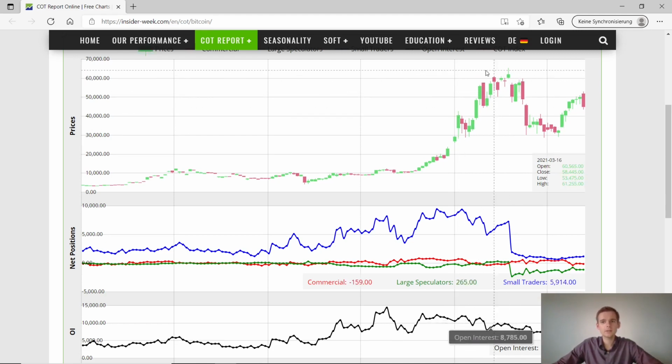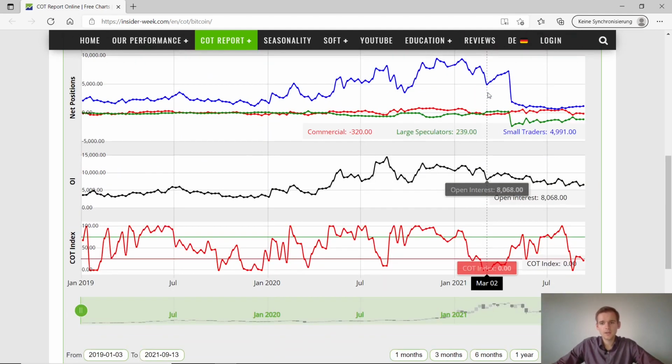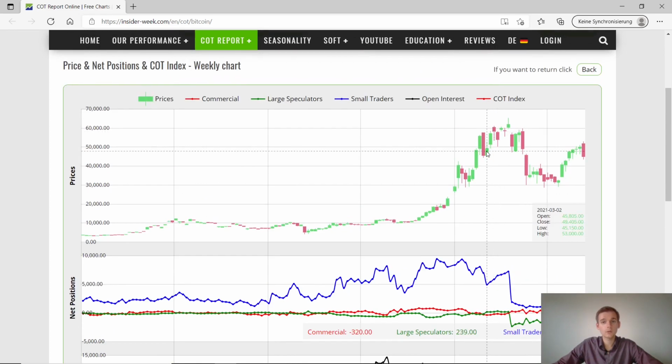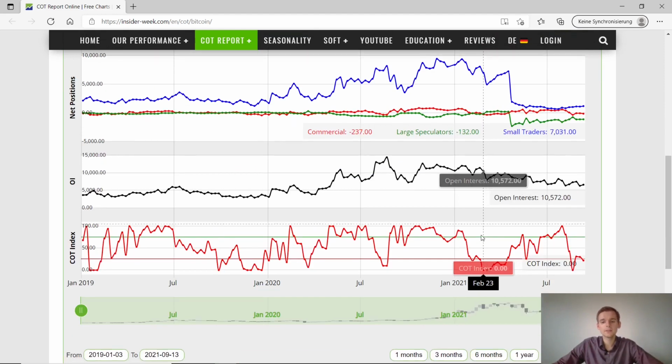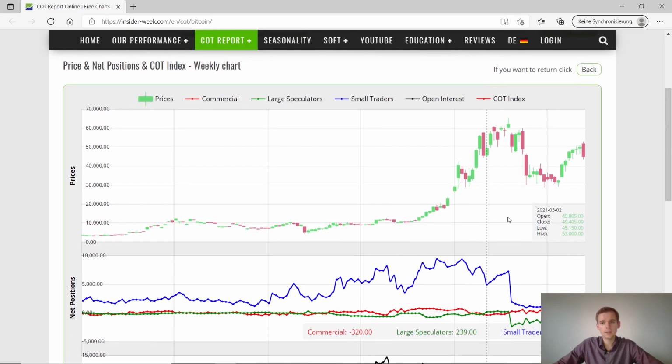Here in this area, I would like to see what the COT index showed us. And here we see a warning signal from this indicator, because it showed us, while Bitcoin was rising very high, that the commercials had built an extreme short position. So it was a very good warning signal for us if we are long in the market. And as you see here, it worked out very well.